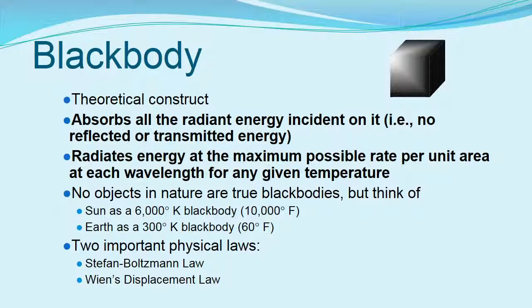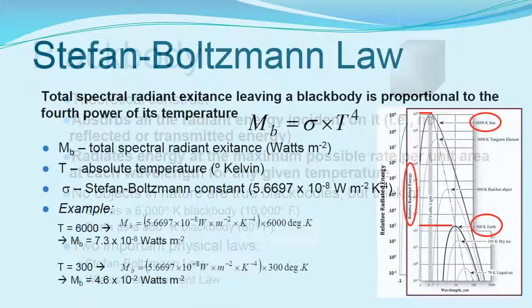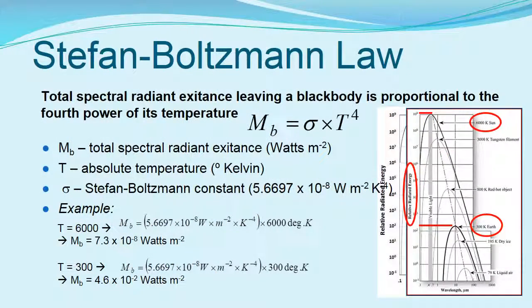2 radiation laws, the Stefan-Boltzmann law and Wien's displacement law, are used to quantify the amount of radiation exiting a body and its dominant wavelength. Energy emitted from a black body is proportional to the 4th power of its temperature. Actual energy emitted is computed based on a formula expressed in the Stefan-Boltzmann law.